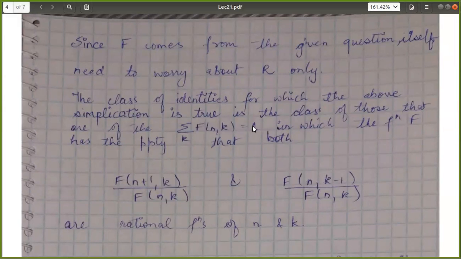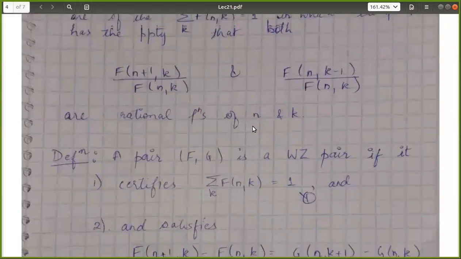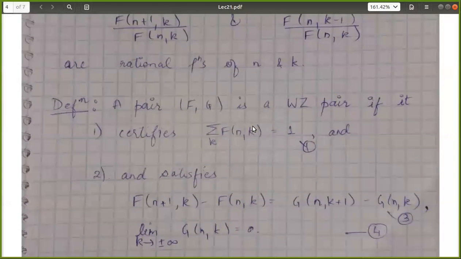Proceeding further along the same lines, let's just call some pair F, G to be a WZ pair if it certifies this particular equation, and it satisfies this difference to be equal, and the boundary condition for G to hold. If these three conditions are satisfied, then you call F, G a WZ pair.